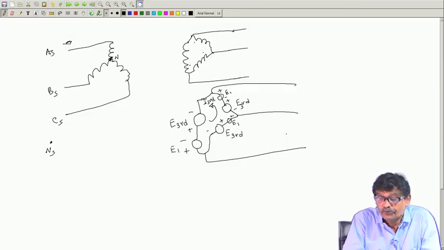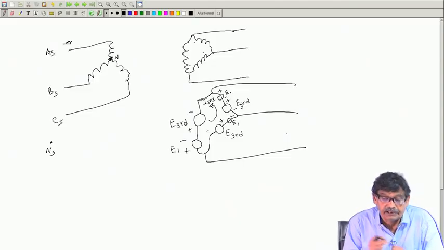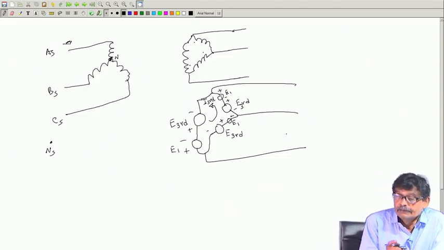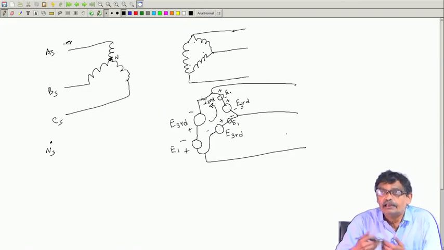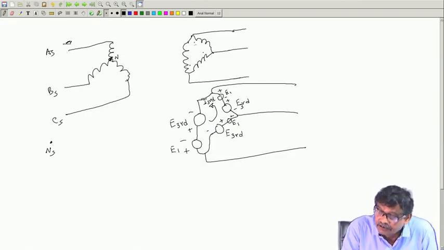But now, if you look at the operation of the transformer, I will say that the fundamental component of the magnetizing current will come from AS, BS, CS, and the third harmonic exciting current which is needed, the transformer will self correct by circulating a third harmonic current here.